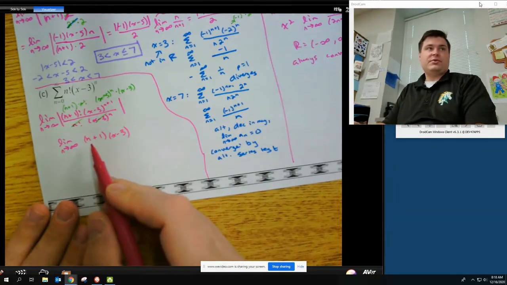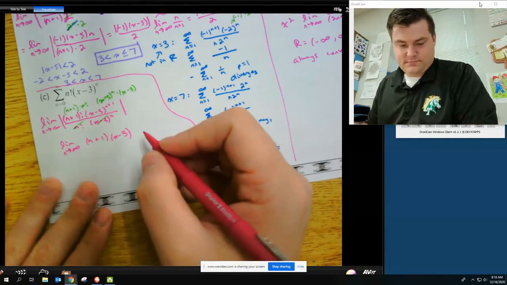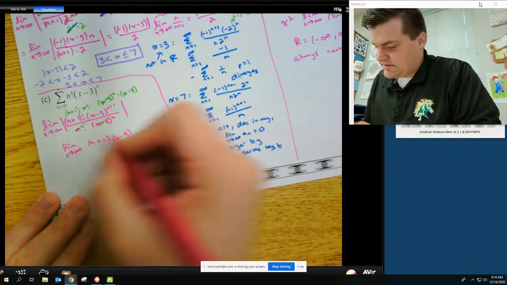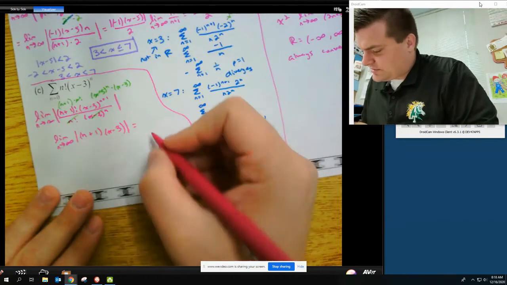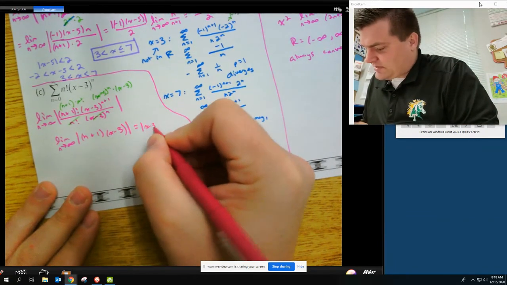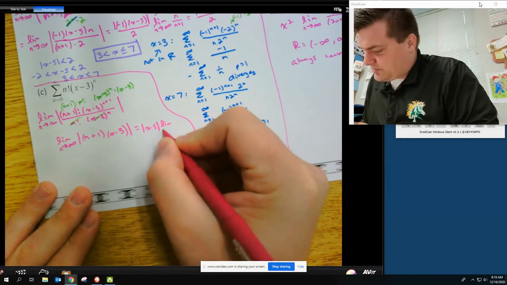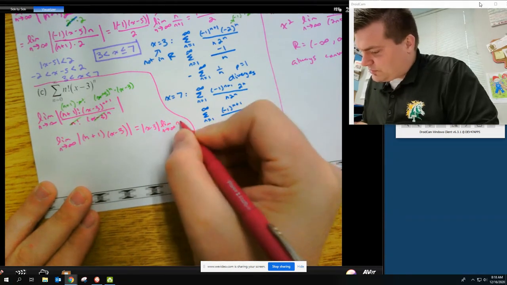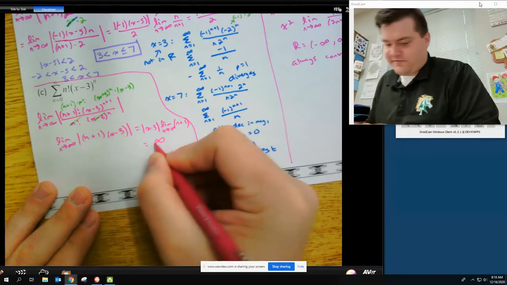So this is always going to go to infinity no matter what. So this is absolute value. We'll just rewrite this so it looks nicer. This will be the absolute value of x minus 3 times the limit as n approaches infinity of n plus 1, which will equal infinity.